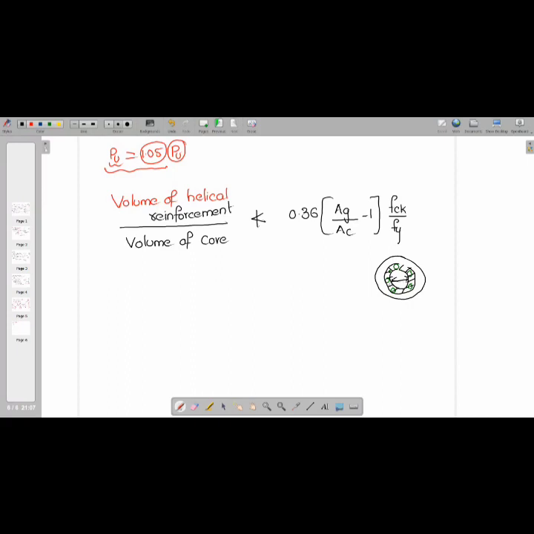So he is telling that volume of helical reinforcement upon volume of core should not be less than 0.36 (gross area upon area of concrete minus 1) into fck upon fy. So, Ashan, to your question, here it depends upon gross area, concrete area, and also the amount of steel and amount of concrete, everything. Clear, students?